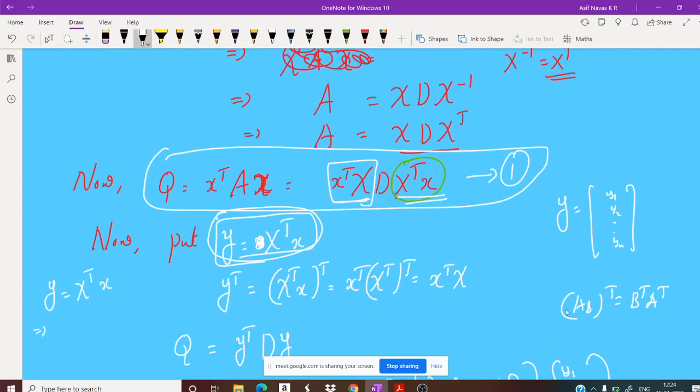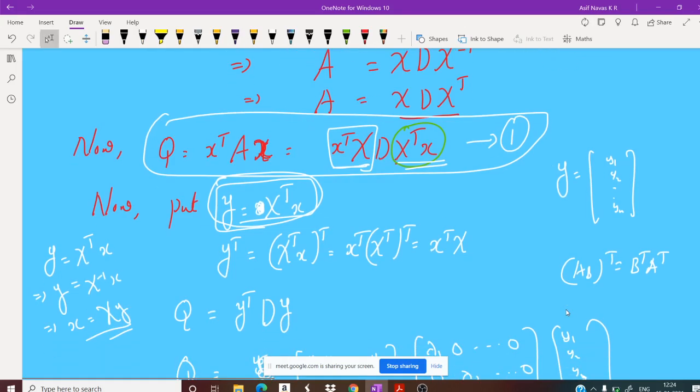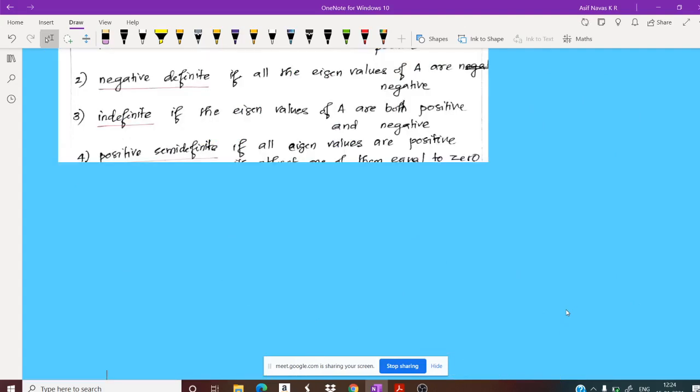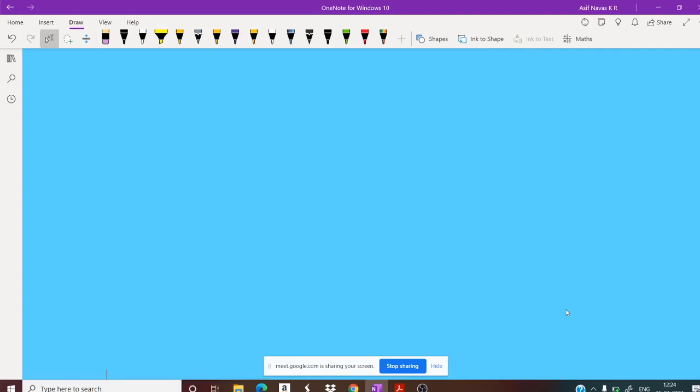That implies x equals X inverse y, that is x is equal to capital X y. So if I made that transformation, then I got this. Now we have the final part of this lecture.